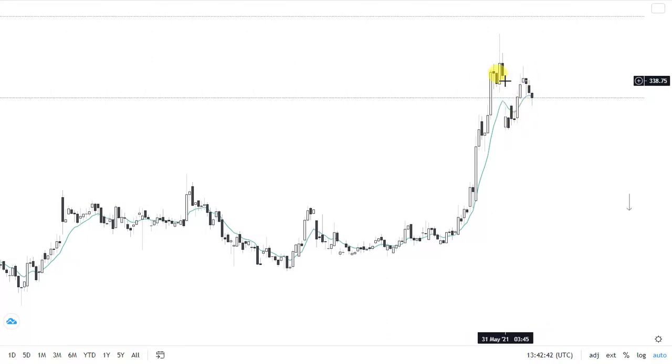Now if the gap has been filled, it will be time for the market to go in the direction opposite to the previous one.